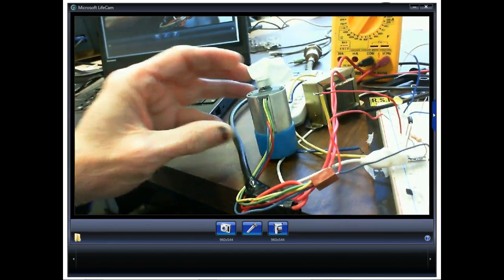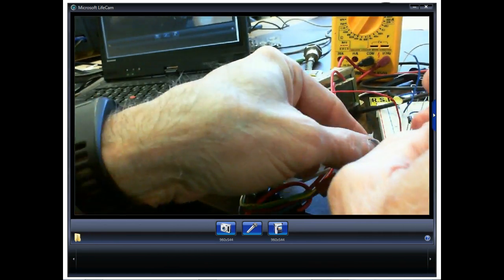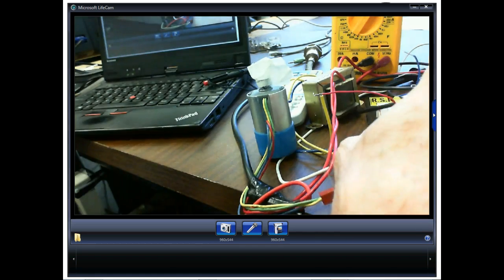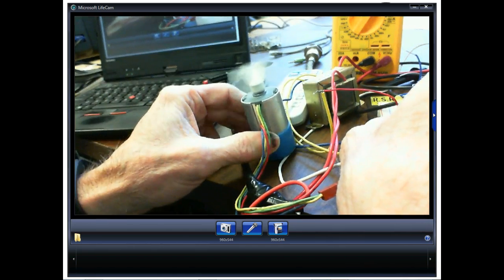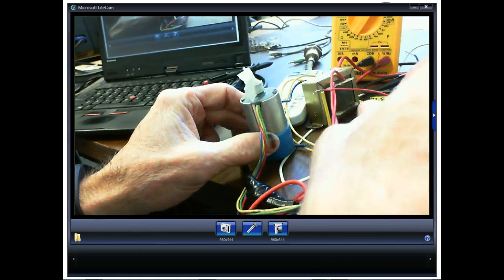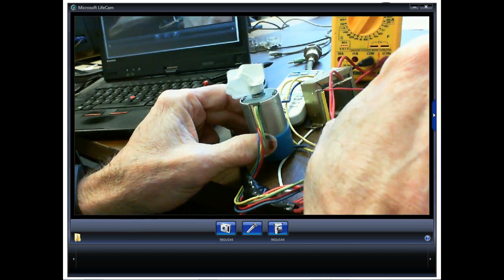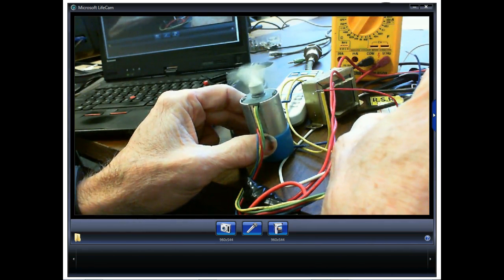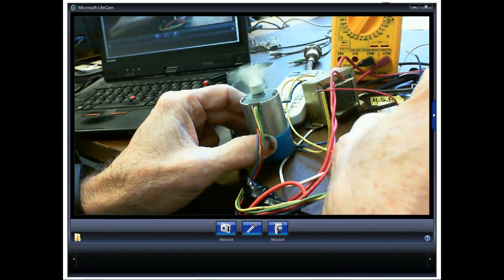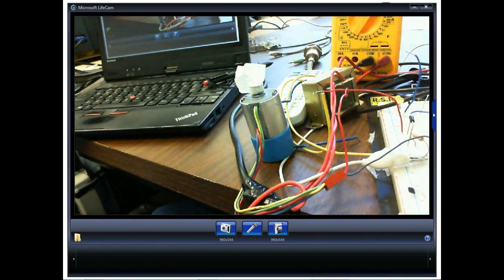Runs great off of pulsating DC. So I'm just putting it in parallel with the resistor. If I put it on the AC, what did it do? Just sits there and vibrates. And come over and put it on DC, now it runs. Runs fine.